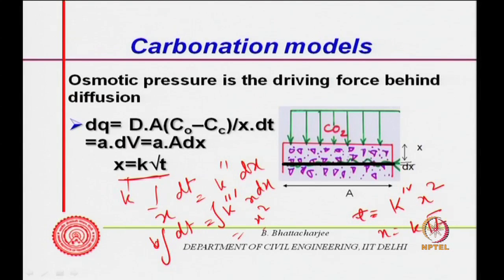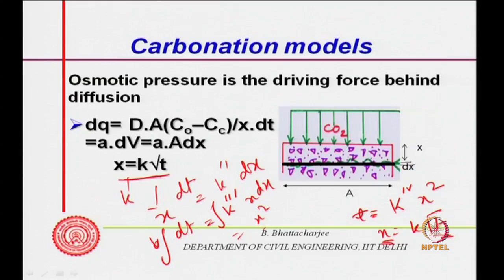Now, this model is a very simple model, absolutely simplistic, assuming the properties are all uniform after carbonation, and it does not consider many factors. But one thing that comes out from this expression is that x is proportional to root t.